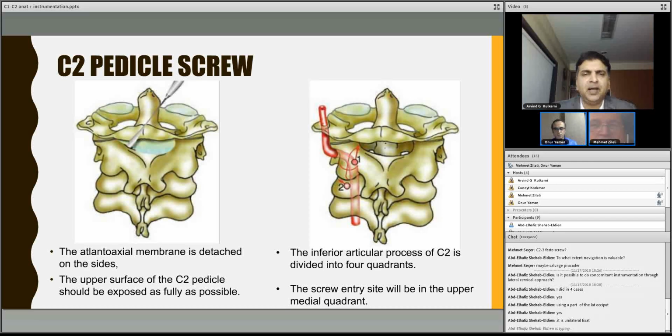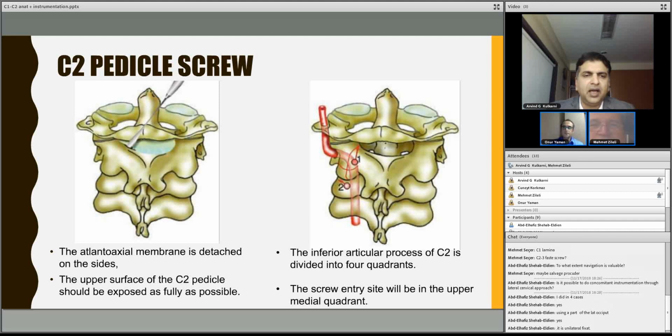Actually, to put this screw, you use a Penfield. So, detach the atlantoaxial membrane, feel the medial aspect of the pedicle using a Penfield, and you drill in such a direction that you are angling at the anterior aspect of C2, and that is your trajectory.